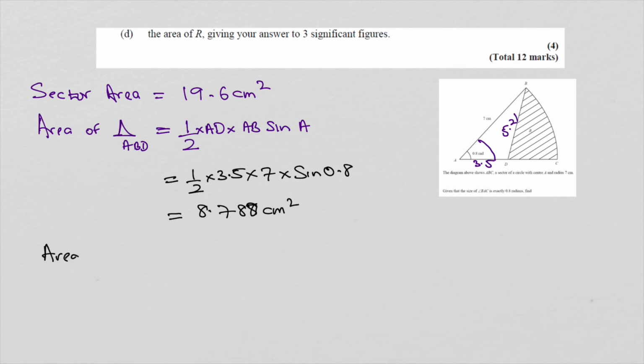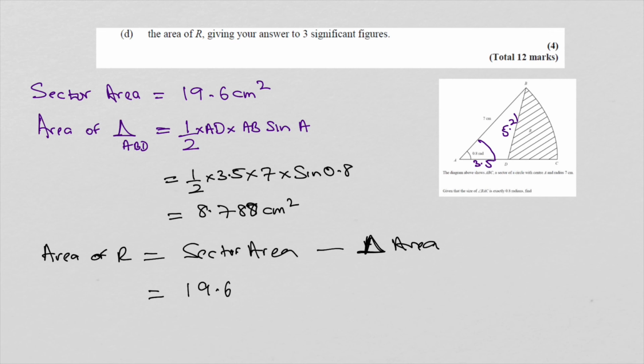Area of R equals sector area minus triangle area, and that will be 19.6 minus 8.79, and that equals 10.8.